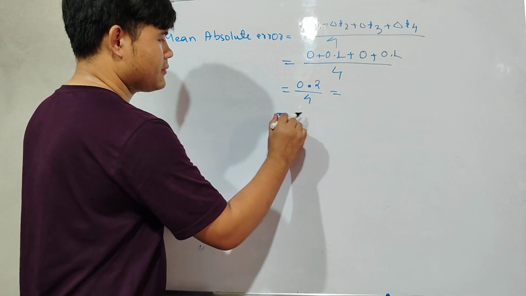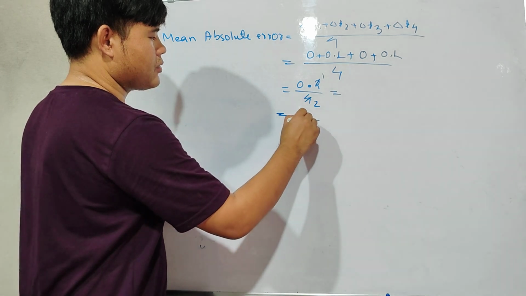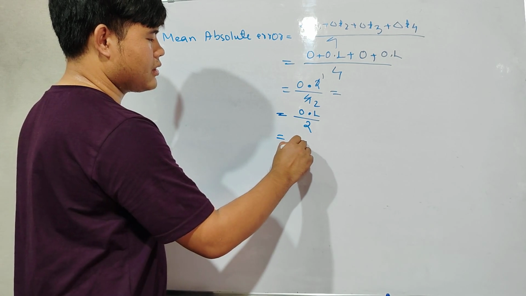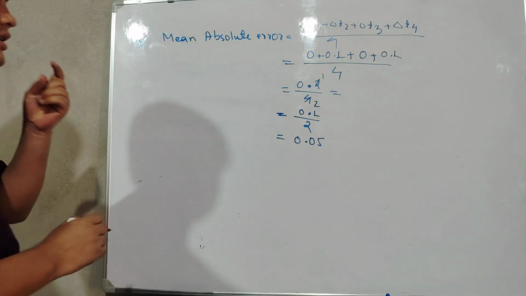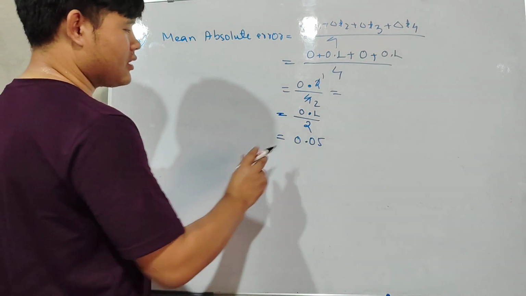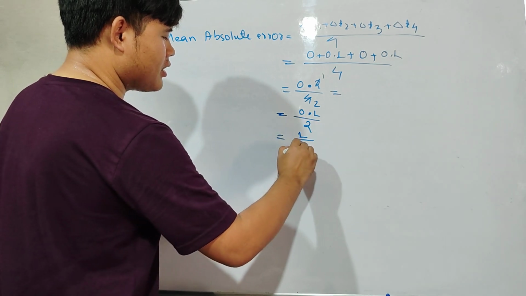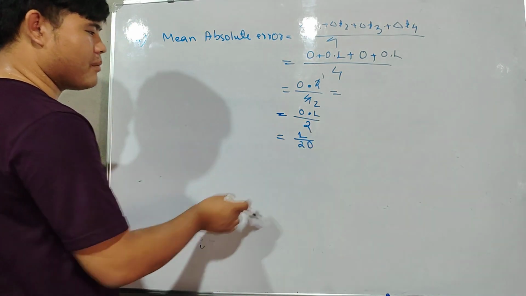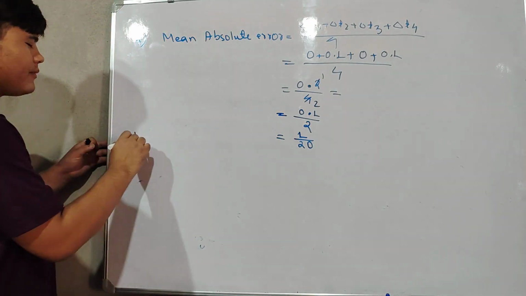You can cancel it: 2 ones are 2, 2 twos are 4. So 0.1 by 2. How much will we get? 0.05, right? Or you can leave it like this only: 1 by 20. The decimal point will move this side, and it will be 1 by 20.